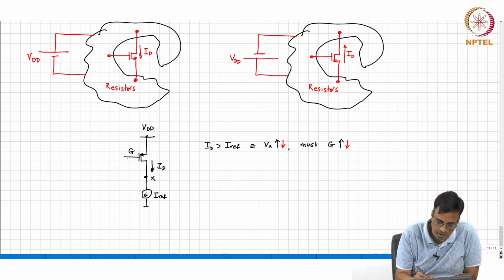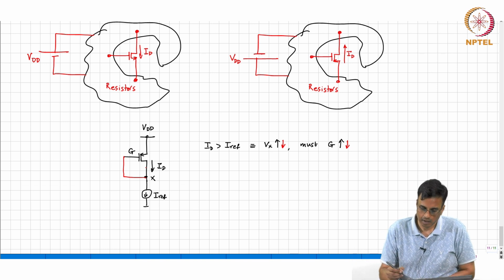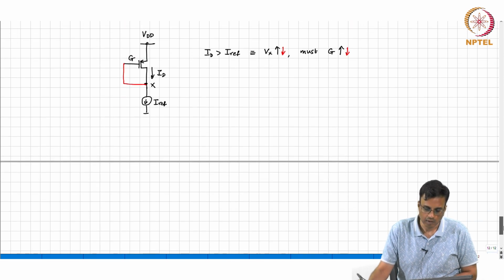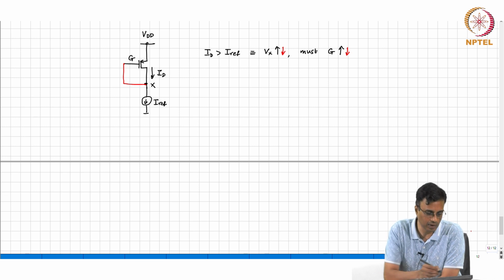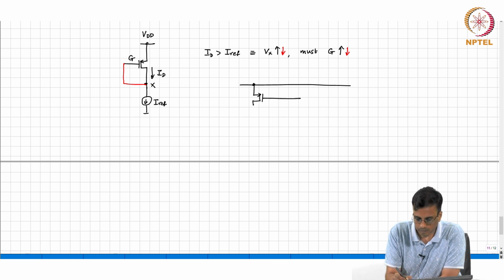You connect the gate and the drain just like we did before. All right. And so this is the first way of stabilizing the current bias, I mean the bias current in the PMOS case, and then we can use the same potential to other PMOS transistors.